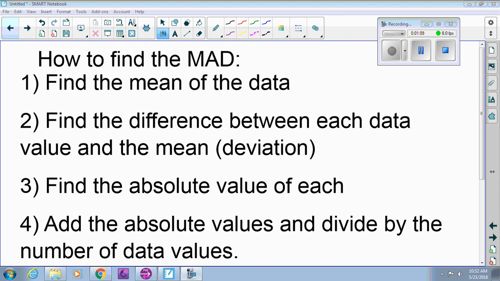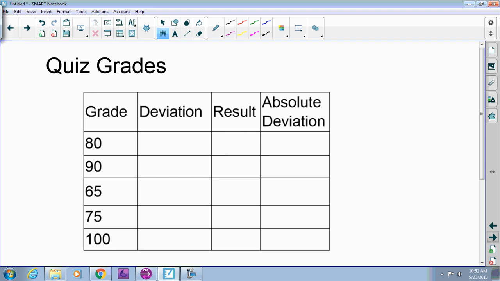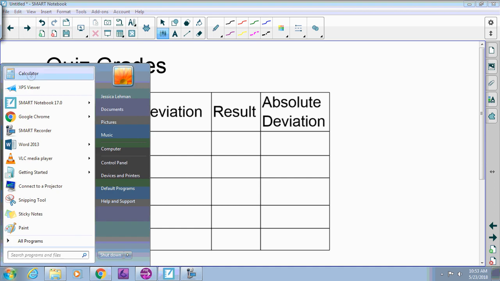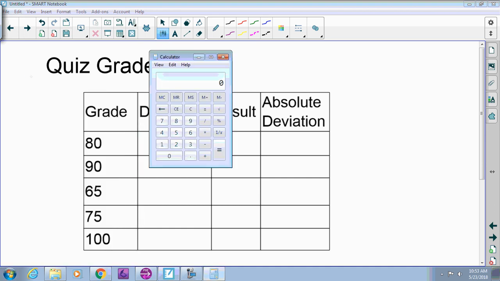Step 1 is to find the mean of the data. Let's say I gave a quiz and the grades were 80, 90, 65, 75, and 100. Your first step is to add those up. I will walk you through that on the calculator. So you have 80 plus 90 plus 65 plus 75 plus 100, and we get a total of 410.